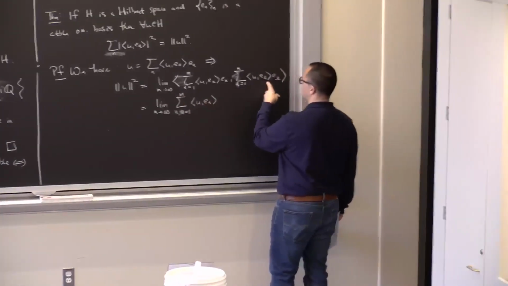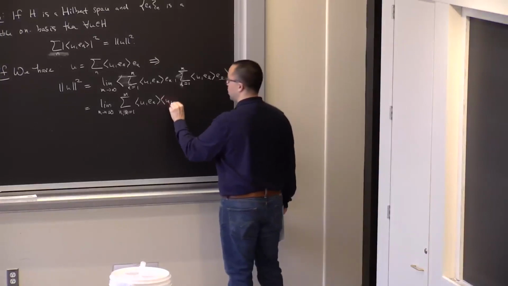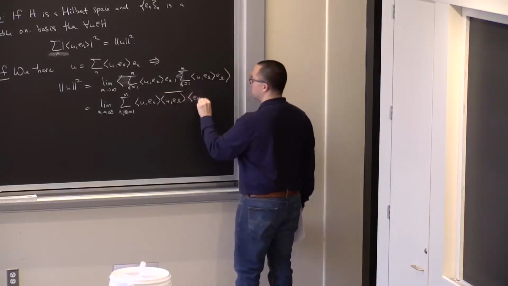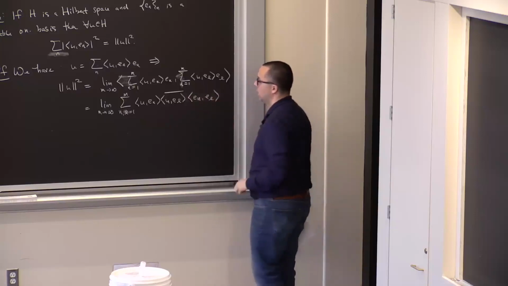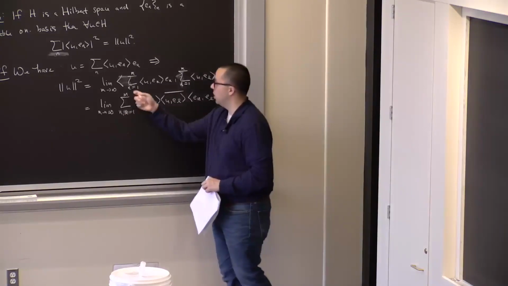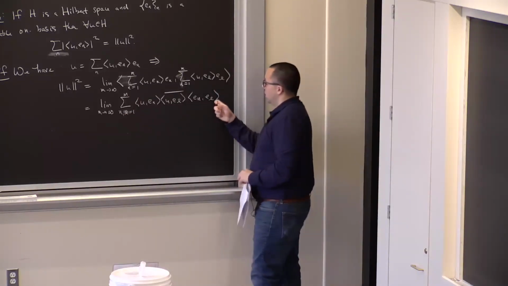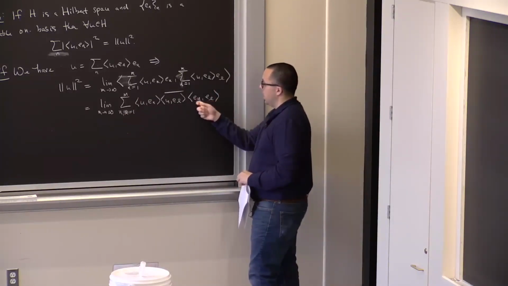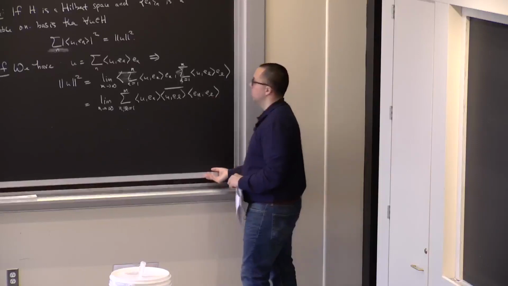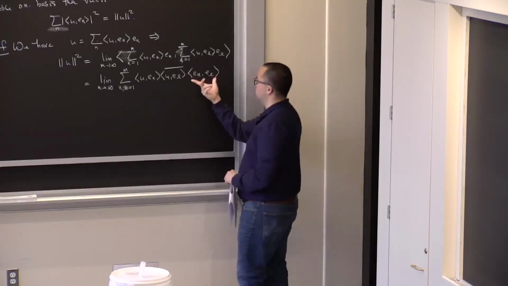And now this constant here comes out with a complex conjugate, the conjugate of (u, e_l) times the inner product (e_n, e_l). And now we only pick up, so n and l are going from 1 to m. For a fixed n, we only pick up the l where l equals n, right? Because these vectors are orthonormal. And when n equals l, this gives me 1.